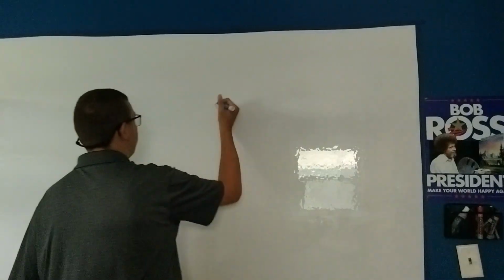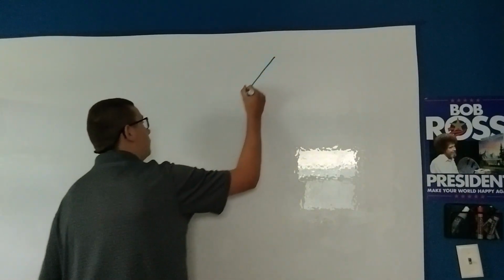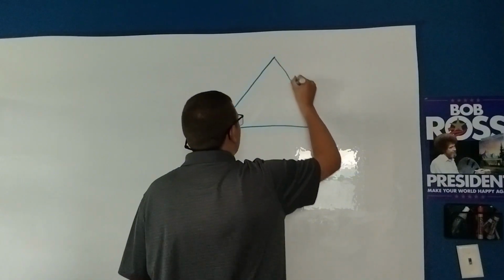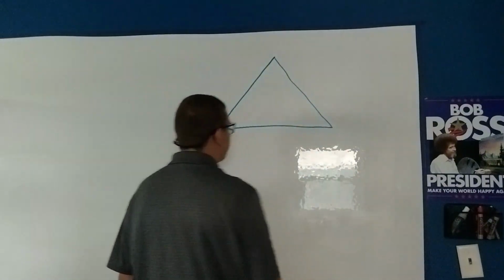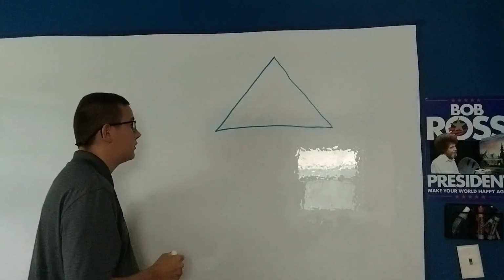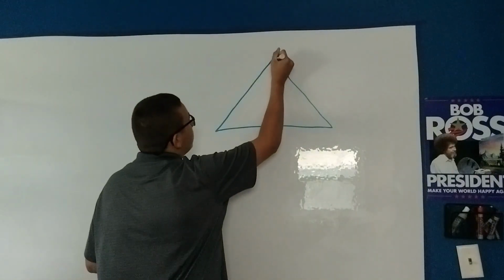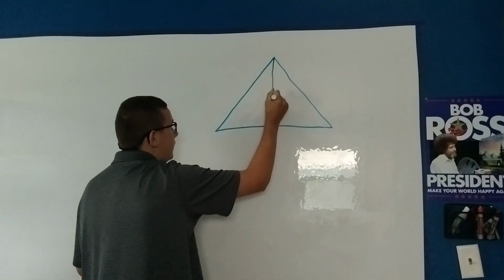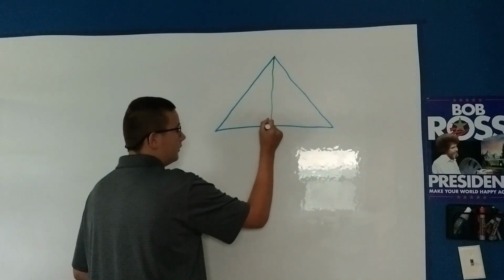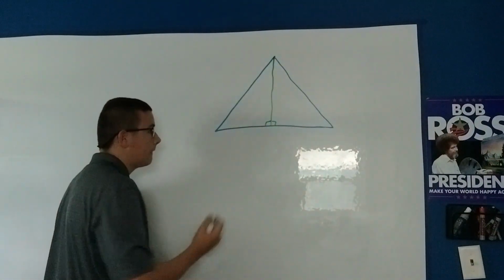Next, for an acute triangle, like that, we want to take a line straight out of this vertex that goes straight down. Well, it doesn't have to go straight down, but it crosses this perpendicularly.